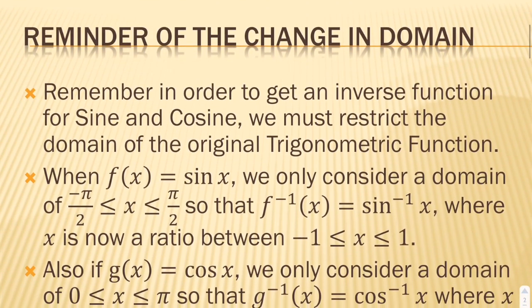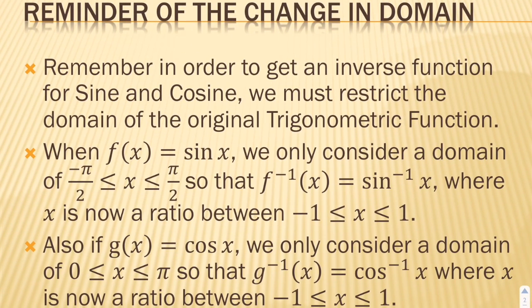So you remember the last time that we were talking, we introduced the idea that if we need to get an inverse function for the sine and cosine, we must restrict the domain of the original trigonometric function. So if f of x is equal to sine of x, we can only consider a domain of negative pi halves to pi halves, so that the inverse function will indeed be a function of inverse sine, where x is now a ratio between negative 1 and 1.